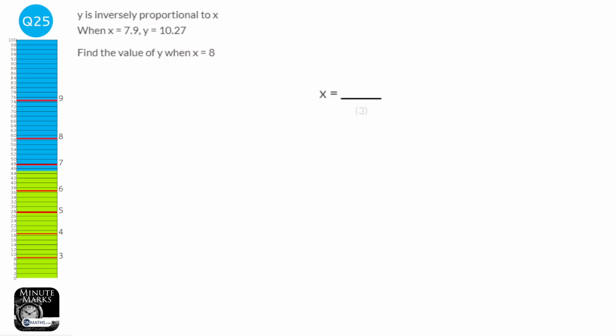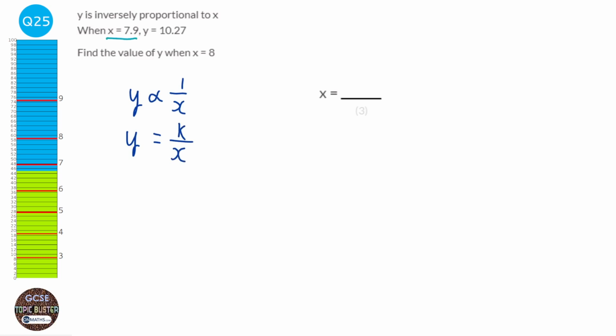We're told here that y is inversely proportional to x, so we put 1 over x because inversely means it's going to be proportional to 1 over. Going to replace that proportionality sign for an equals, and to do that we need to multiply the right hand side by k, so it becomes k over x.